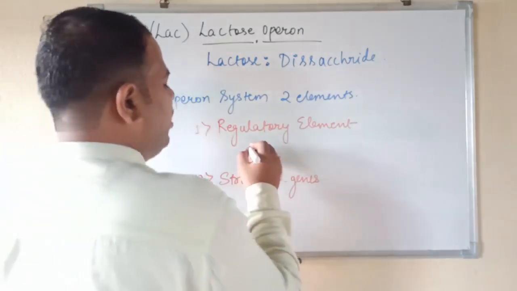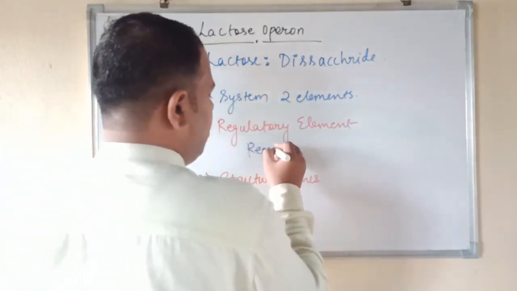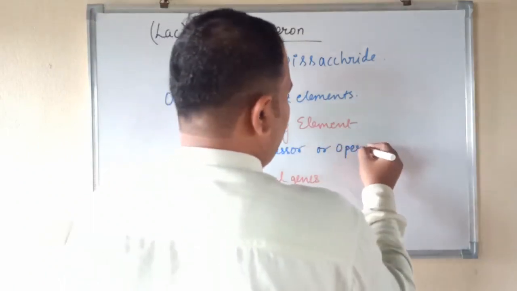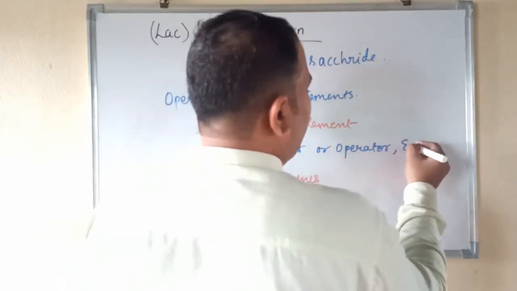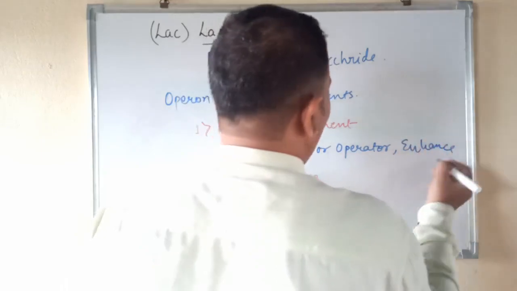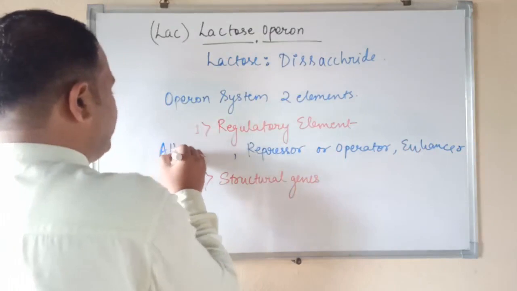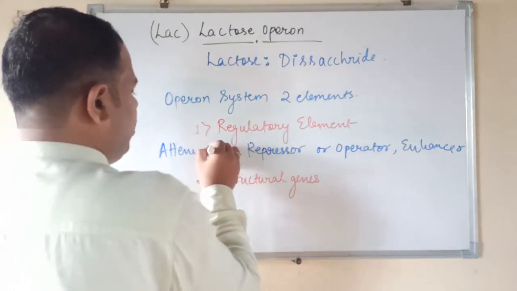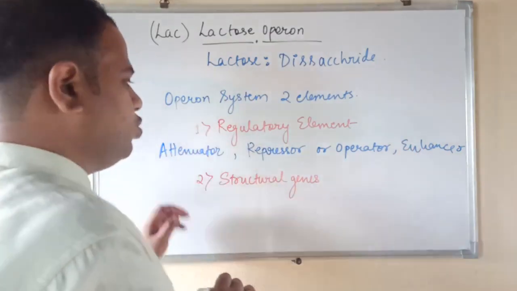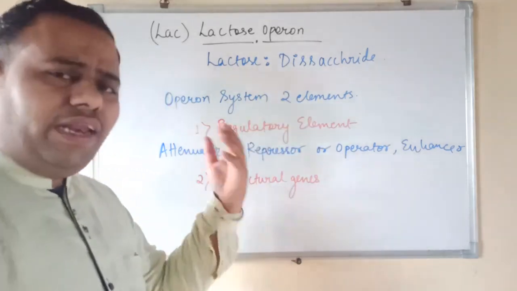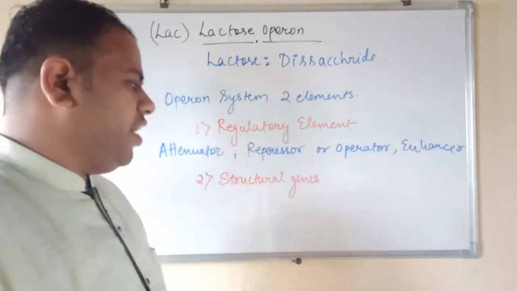Regulatory genes can be a repressor or operator region, or any kind of enhancer in such an operon, or it can be an attenuator region also, as present in the tryptophan operon. All these elements that help in regulation of the Lac Operon or any other operon are called regulatory elements.